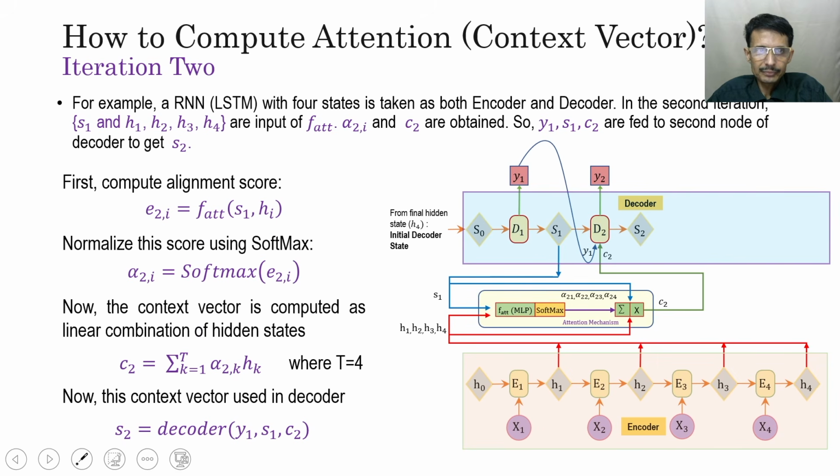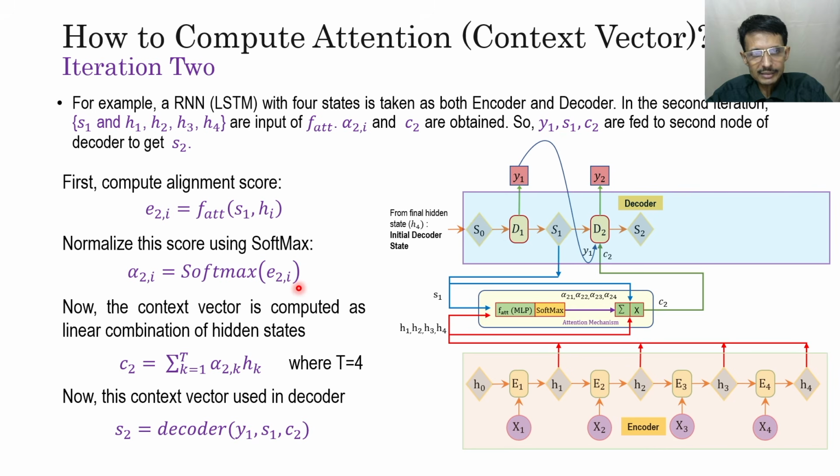What is the next step? The next step is the same. In the second iteration, S1 is coming, with H1, H2, H3, H4; this is the only difference. We get e2i as an alignment score, F of S1 and hi, where hi means all of 1, 2, 3, 4. Normalize this score using softmax, so alpha 21, 22, 23, 24.